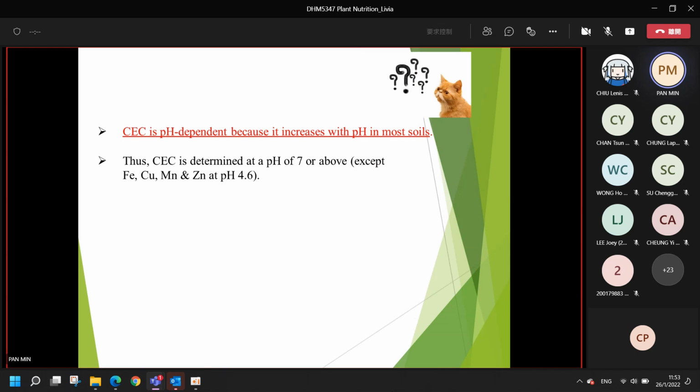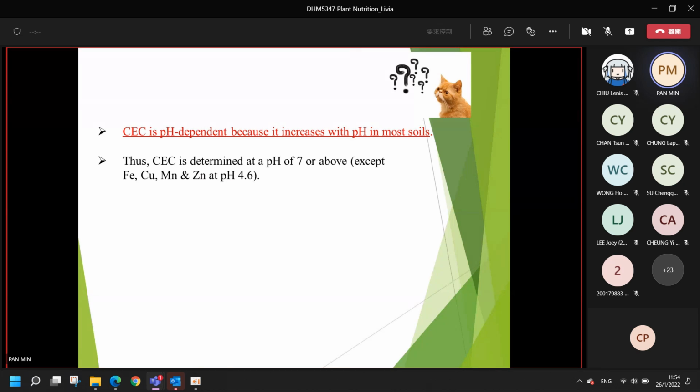The cation exchange capacity also is a pH-dependent process, because it increases with the pH in most soils. You may ask why the cation exchange capacity will increase with the pH in most soils.